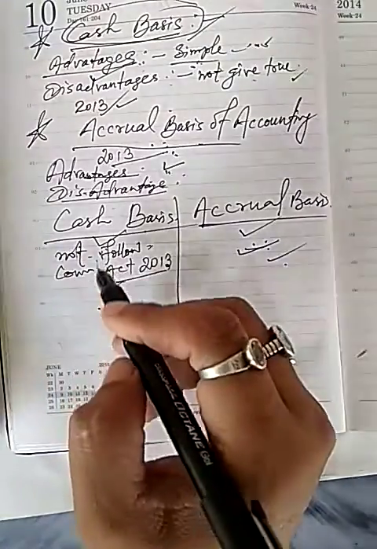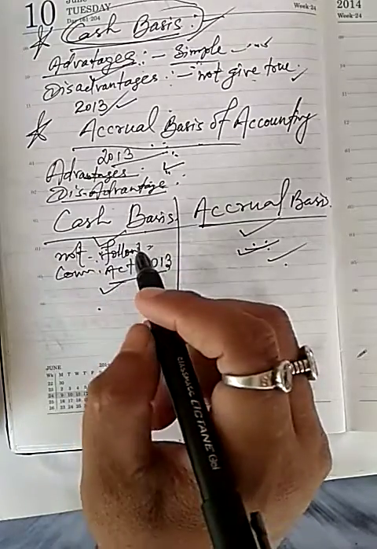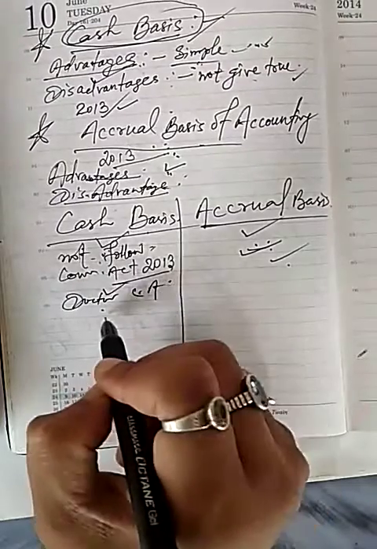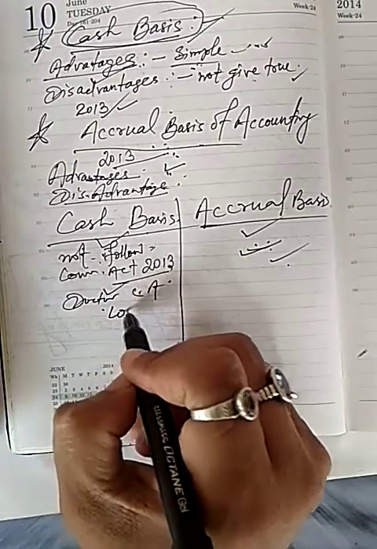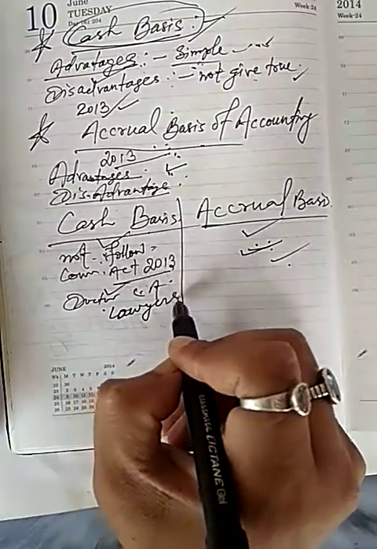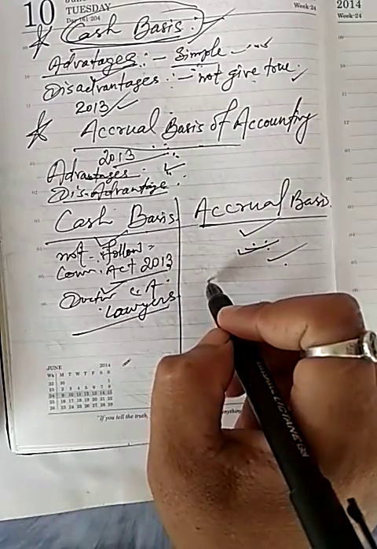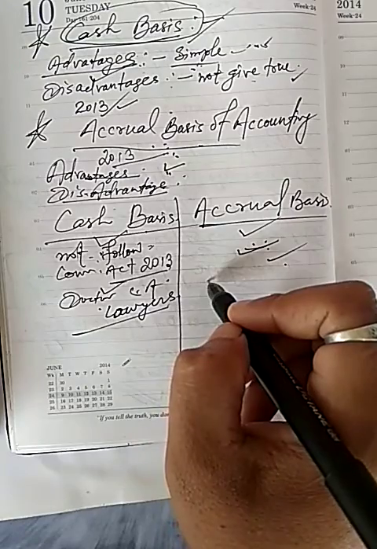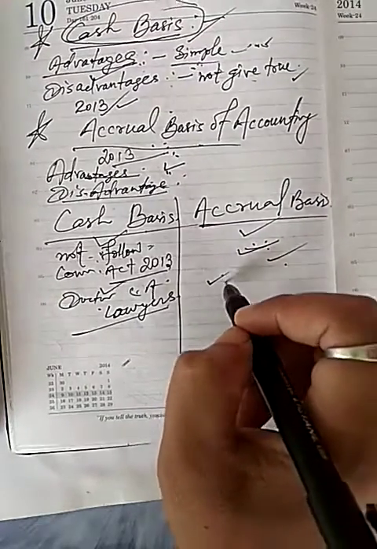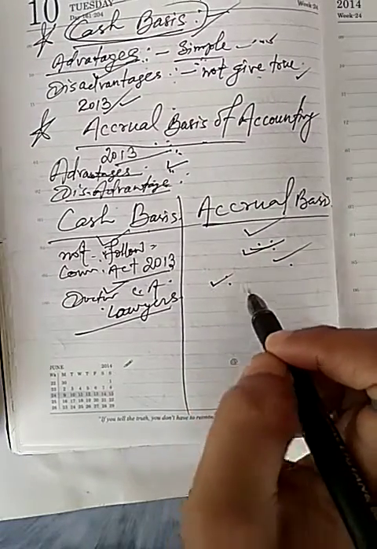Now, cash basis of accounting is suitable for doctors, CAs, lawyers, etc. But accrual basis of accounting is suitable for all enterprises whose motive is to earn profit.